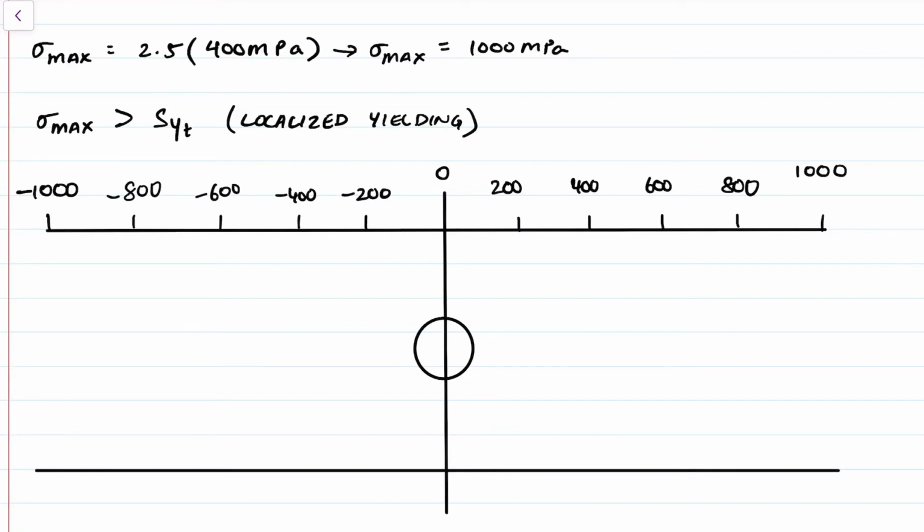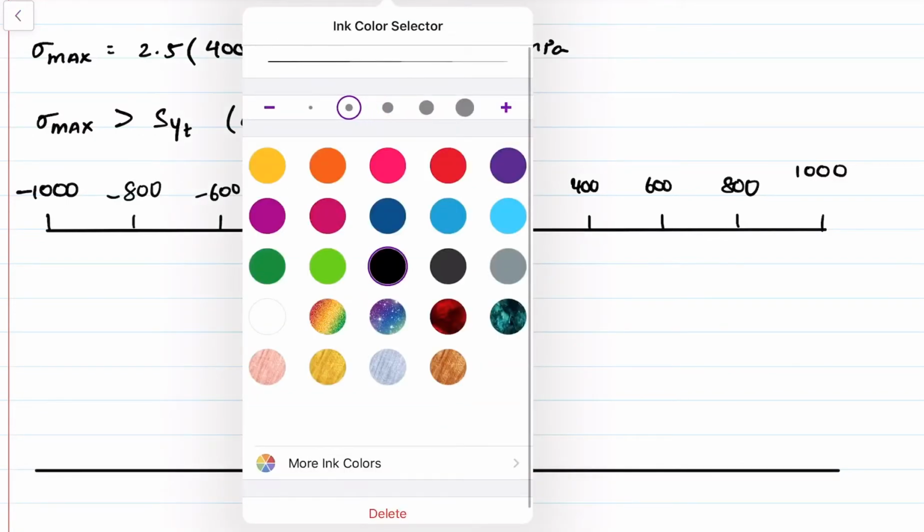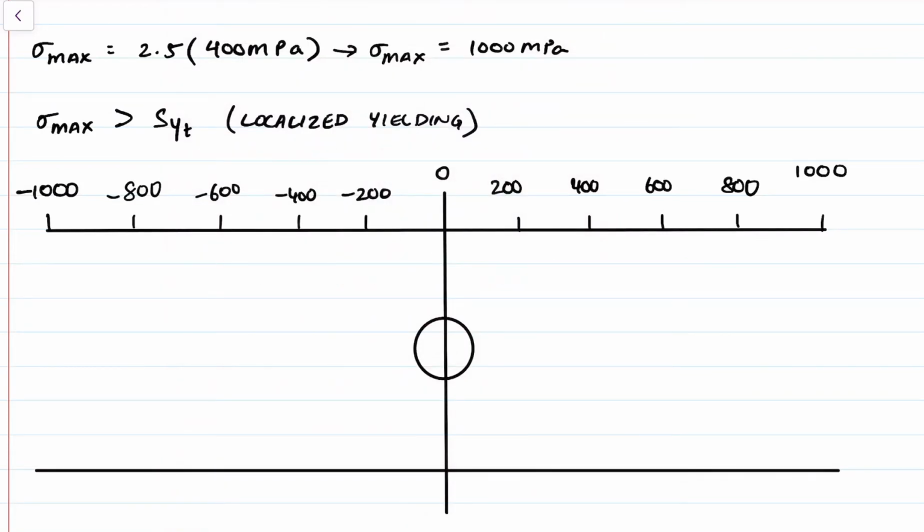Alright, and then I'm going to draw lines across the circle to show where the stress lines would not be present because there is no material.